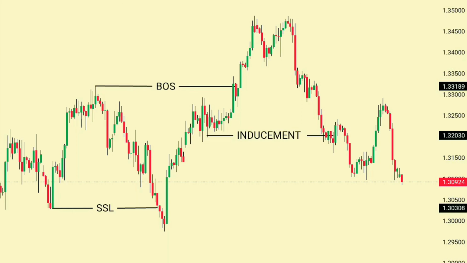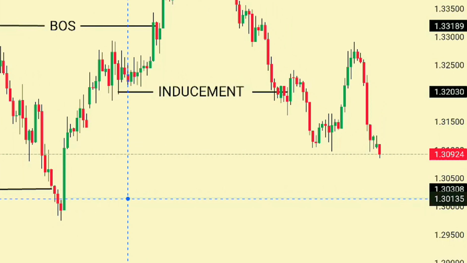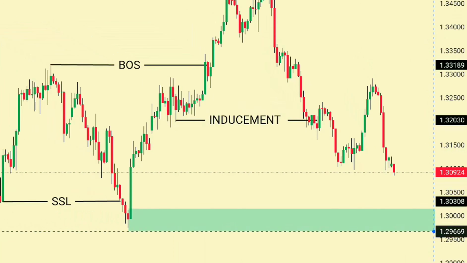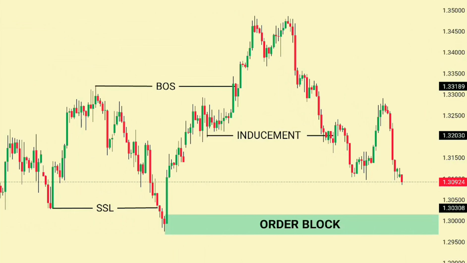Instead of chasing the move, I remained patient because I wanted price to return to a more favorable location before considering an entry. The area that caught my attention next was this bullish order block. This order block was formed by the last bearish candle before the strong bullish displacement that created the break of structure.